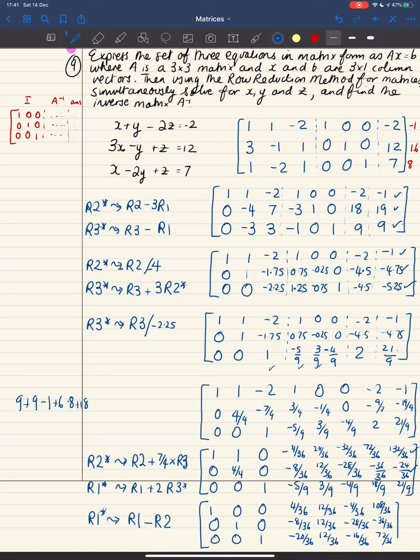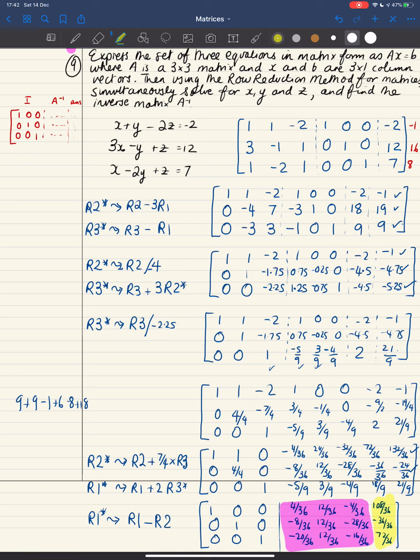Okay. But here, the bit that I'm going to highlight now, no, that's not a highlight, that's a rubber. This bit here, this is the inverse. Okay, that's the inverse matrix, and this bit here is the final solution.